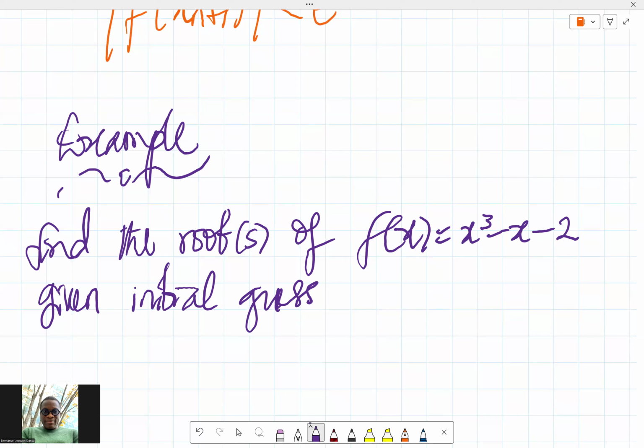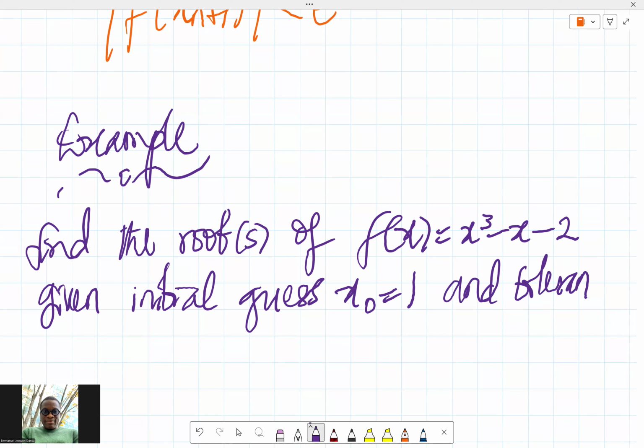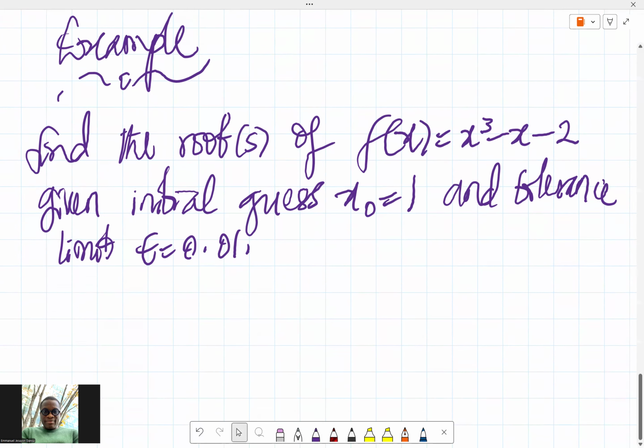The initial guess will determine how fast you reach the answer. Given the initial guess x naught equals 1, and tolerance limit epsilon equals 0.01.